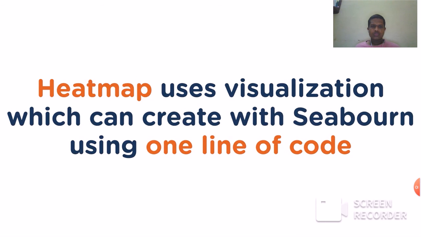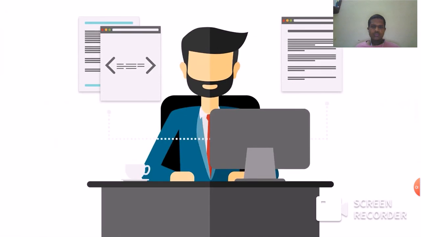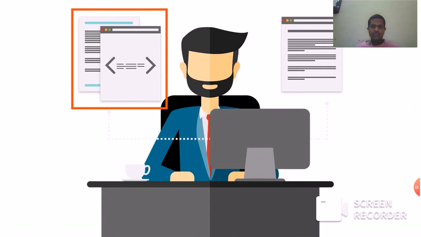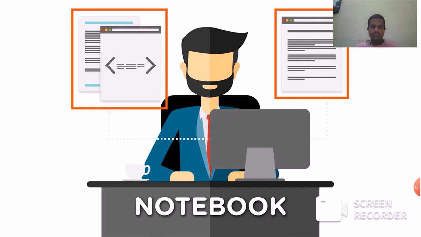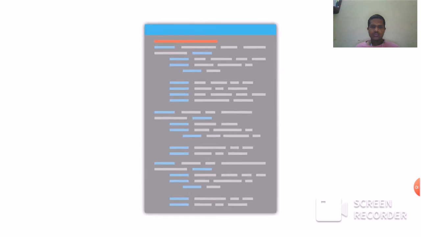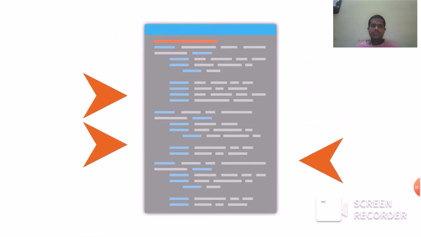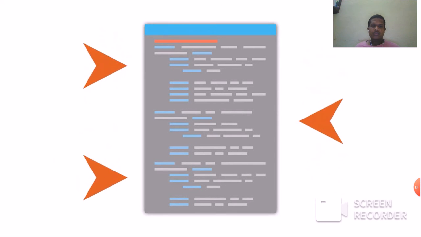Let us now look at the Integrated Development Environment (IDE) that has changed the way Python programmers can leverage code, with documentation and live output all in the same document known as a Notebook. Previously known as IPython Notebook, it lets data scientists and analysts present their reports in a storytelling format, as multiple blocks of code can be run with the output of each block displayed right below it.